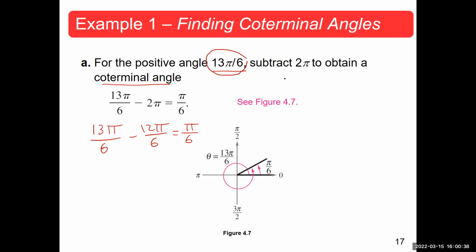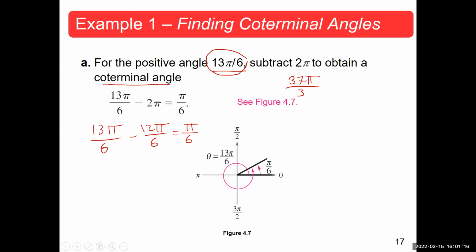Now, what is the coterminal angle for 37 pi over 3? How do I find it? To find the coterminal angle, you subtract 2 pi, then continue subtracting 2 pi until you reach the smallest angle. But this is a long process because I don't know how many times I'm going to subtract 2 pi.